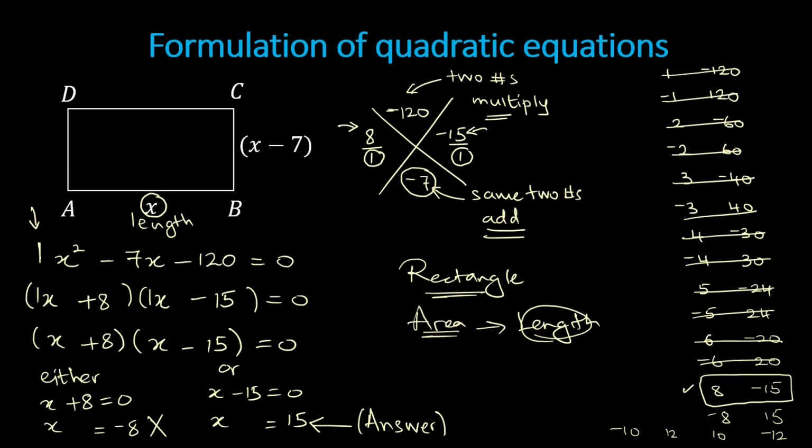So in this case, x equals negative 8, the first answer, we are going to reject the first answer. So this answer here, I write it, reject, and our answer to this question is x equal to 15, because length cannot be negative. It has to be positive, so we take the positive value to be the answer.